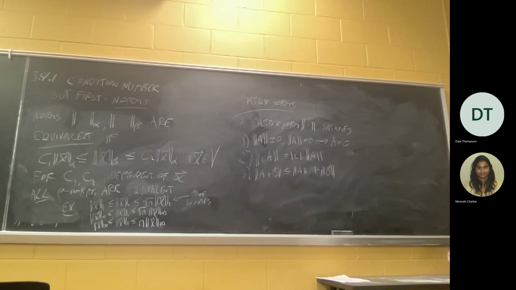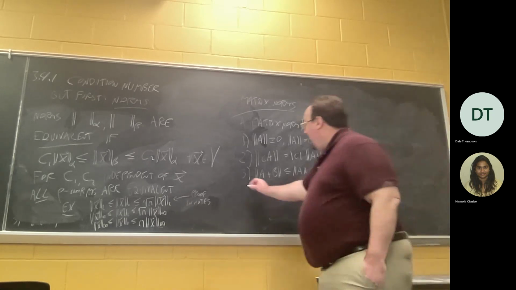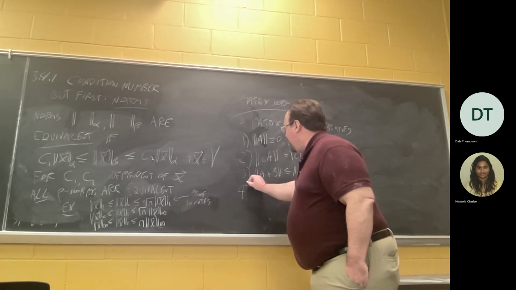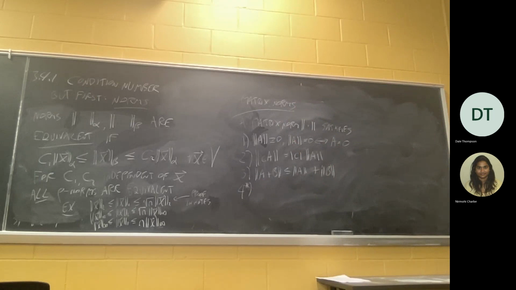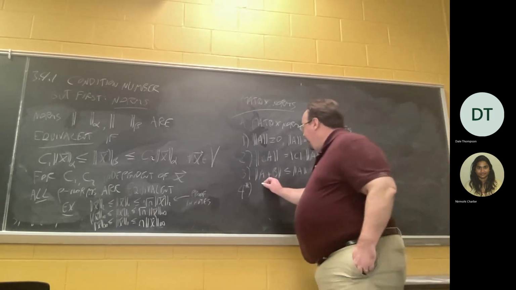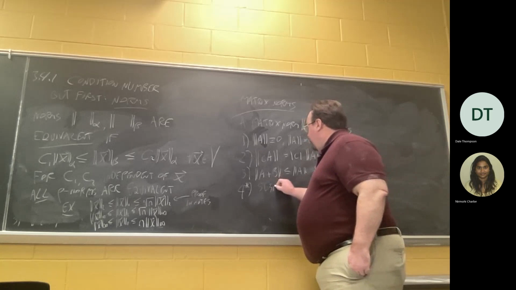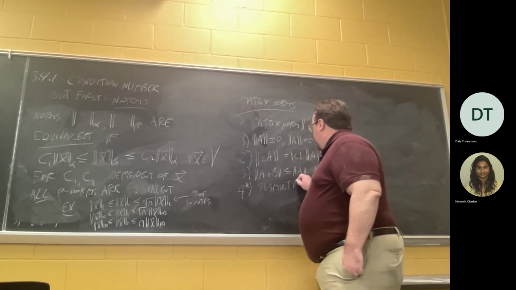And then there is another property I'd like to add. I'm going to put an asterisk with it though, because it's not necessarily included in the definition of a matrix norm. Some sources might, but it is a property that we like matrix norms to have. This is called the submultiplicative property.